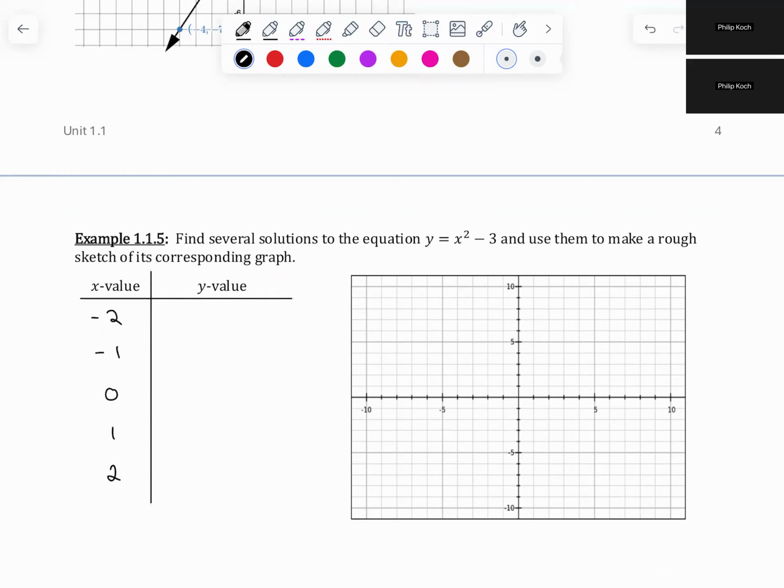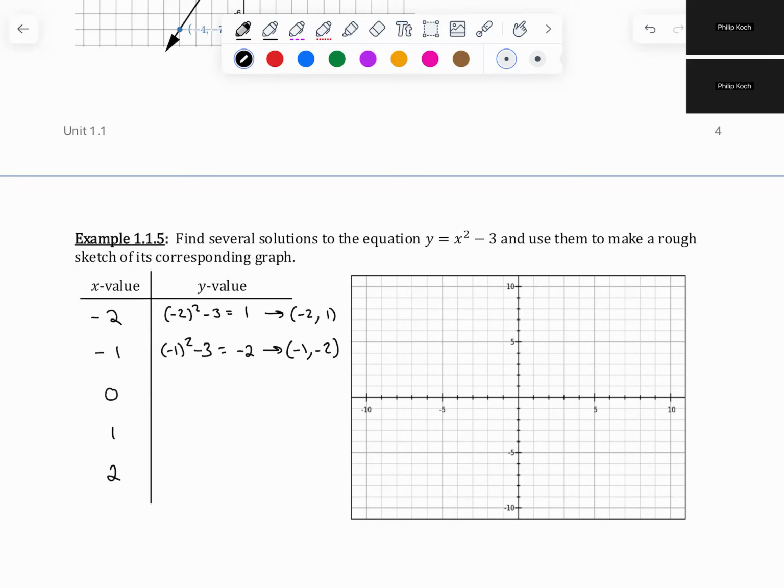So I plug -2 into the equation, I'll get -2 squared minus 3, that'll be 4 minus 3, that's 1. So we have the point -2 comma 1. Doing it for -1, you'll get -1 squared minus 3, that'll be -2. So we have the point -1 comma -2.